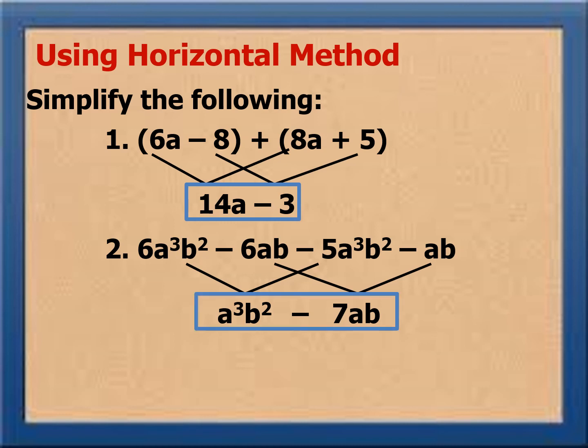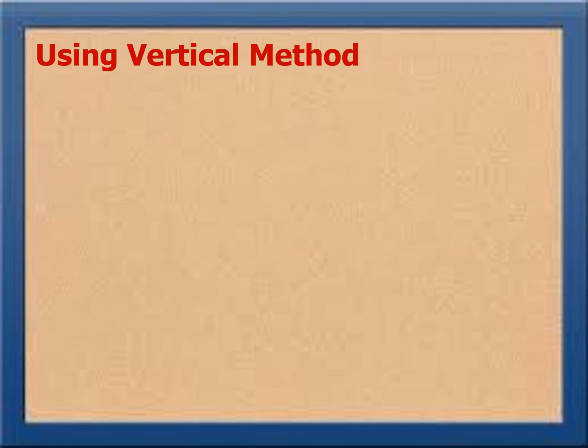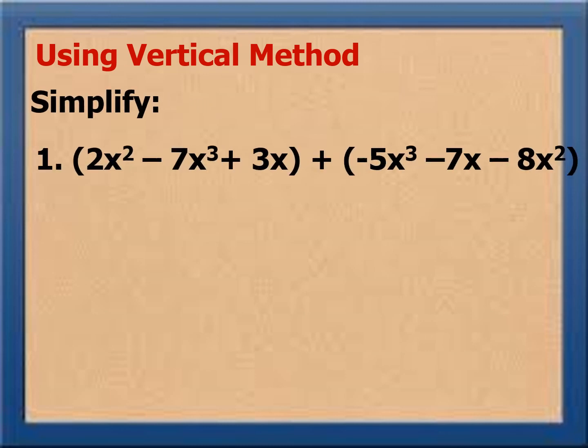Questions? None? So let's use now the vertical method. Can we get another answer if we use the vertical method? No, the answers must be the same, horizontal or vertical method. It's up to you what method you use first.